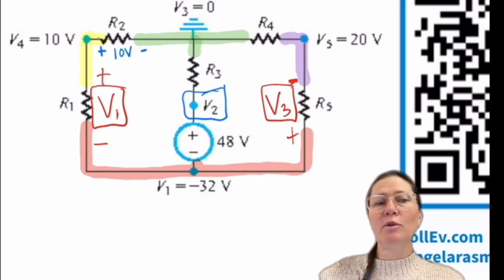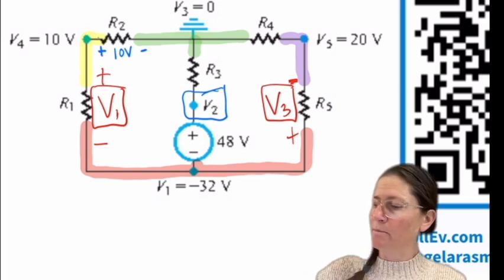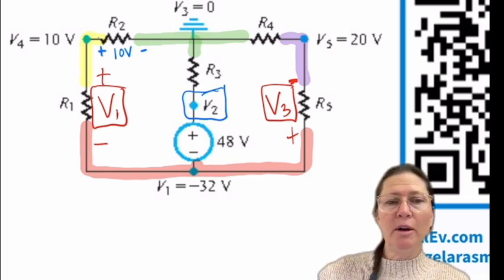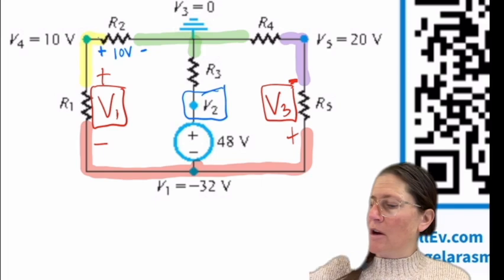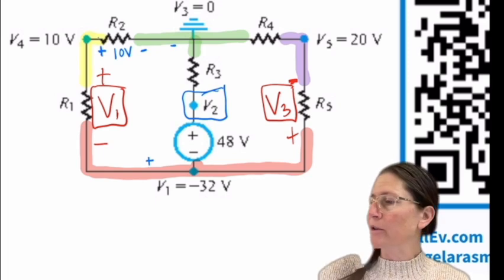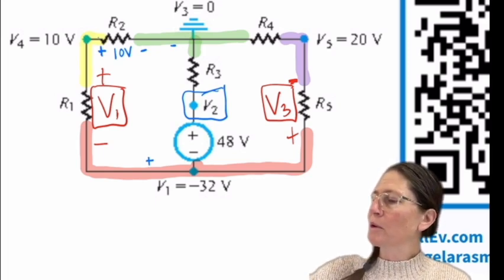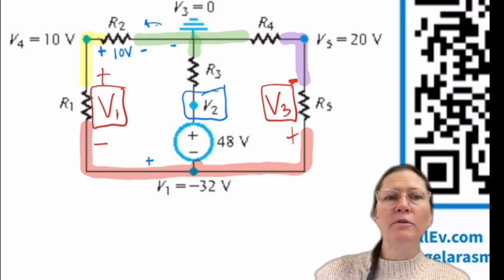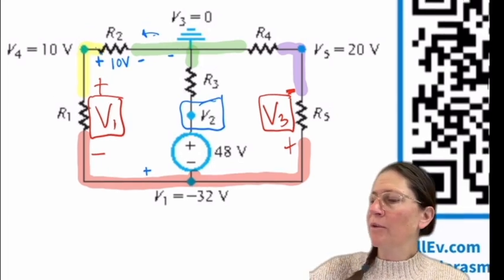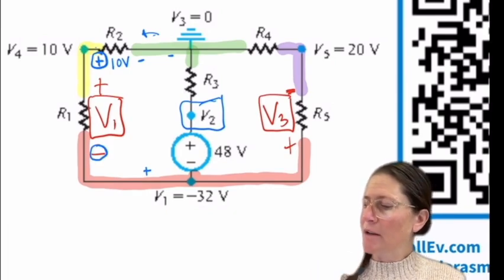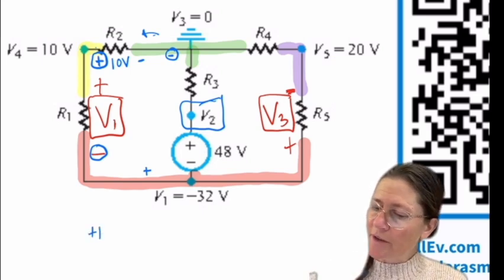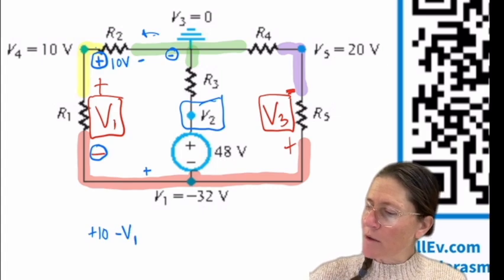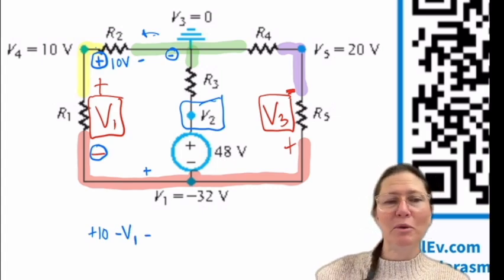So if that's 10 volts, and I want to find V1, and I know the bottom is going to be minus 32, it's implied but not drawn that this is from plus to minus here. If I want to take a loop and go from ground in this direction, this would be a plus, minus, and then going through V1 puts us at a minus. So plus 10, minus V1, minus, oh sorry, I labeled both of those V1.